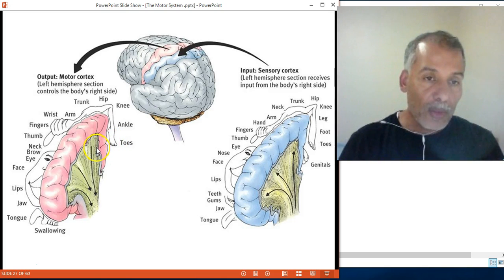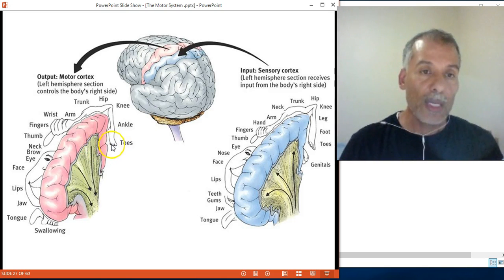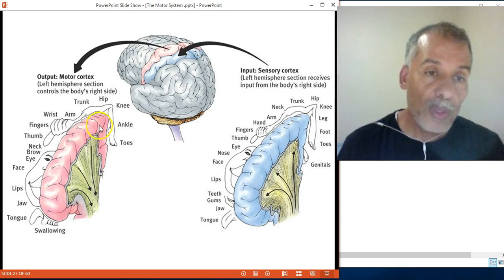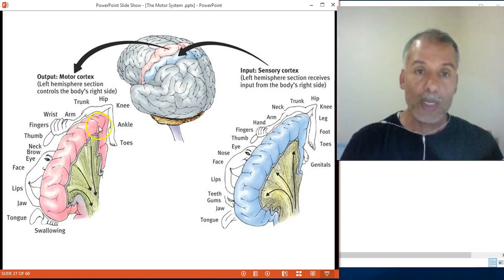And the switch for that is going to be your little toe, and so on. So every area has a button, or has neurons that can activate a particular part of your body. This is about voluntary movement. So things that you want to move. We're not speaking about the stomach or about internal organs, for example.